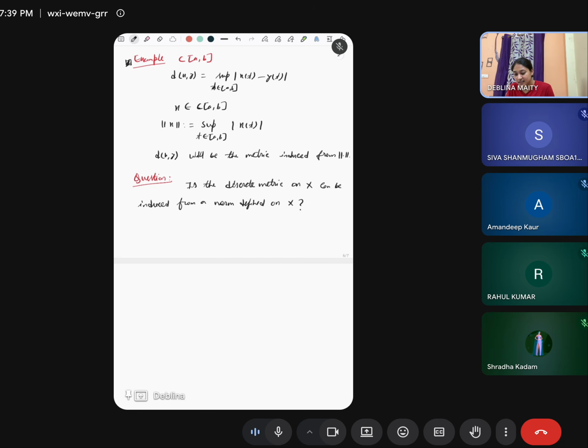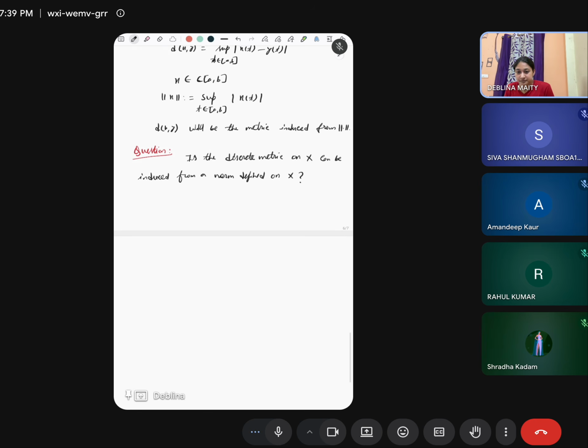So what is the answer? We'll see that this is not an induced metric from a norm. Now to see that result, we need some result first.